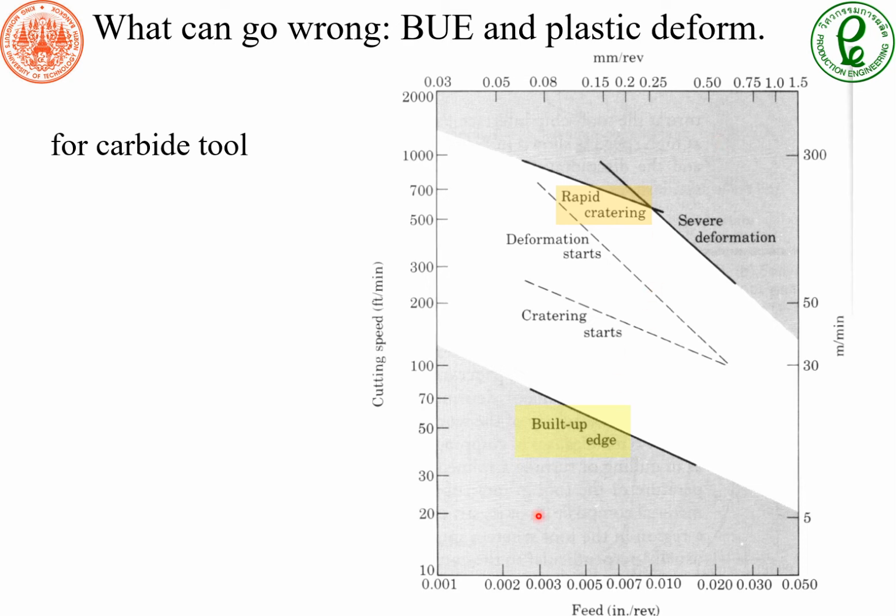On the other hand, if you pick too low a feed rate along with too low a cutting speed, we would end up in another zone where the speed is too low, and basically we have a high heat, and that heat would generate the built-up edge on the cutting tool. So it's not good either. We want to be somewhere in the middle, where the cutting tool can last a long time.